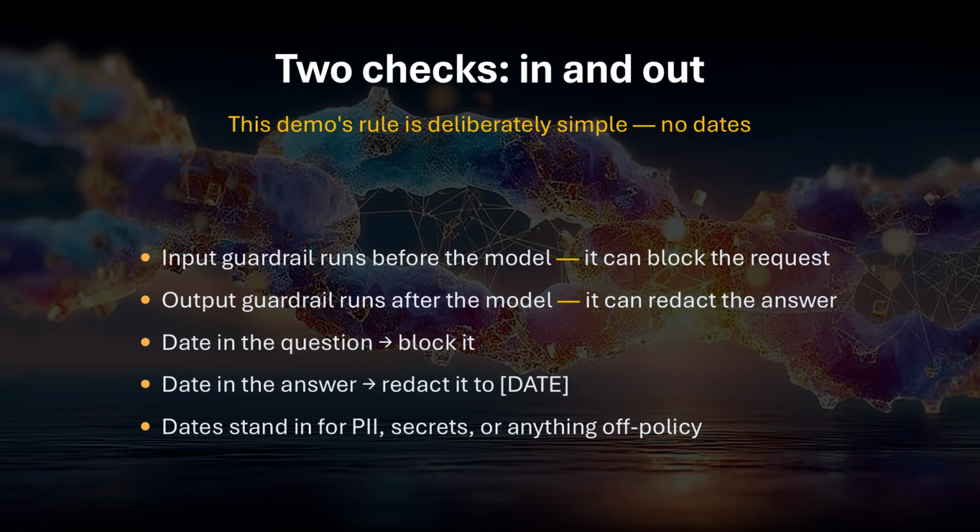It controls dates. If the user's question contains a date, it blocks it. If the agent's answer contains a date, it redacts it, and every date becomes the word "date" in brackets. Dates are just a stand-in here. In the real world, this is where you would put personal data, secrets, or anything off policy.